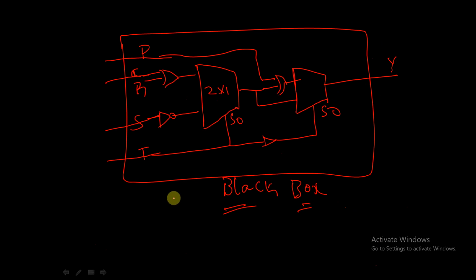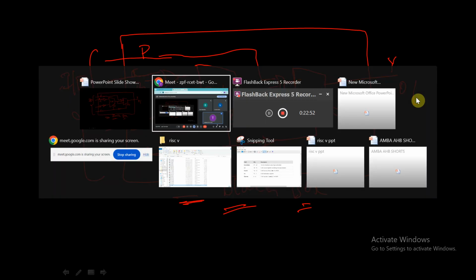This is the circuit which I have shown. Let's say these are all our inputs, and this is our output. Wait a minute, let me add some more slides here.